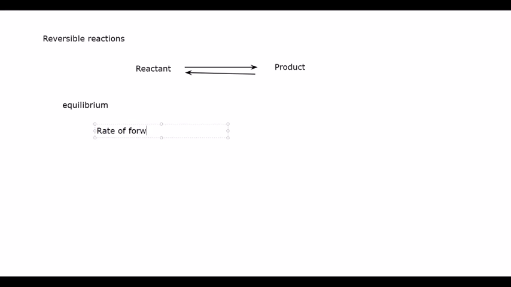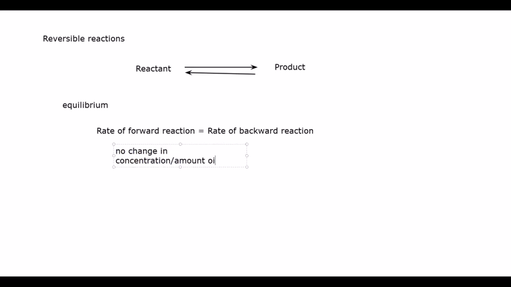So the rate of the forward reaction is equal to the rate of backward reaction, and there is no change in concentration or amount of reactant and product.